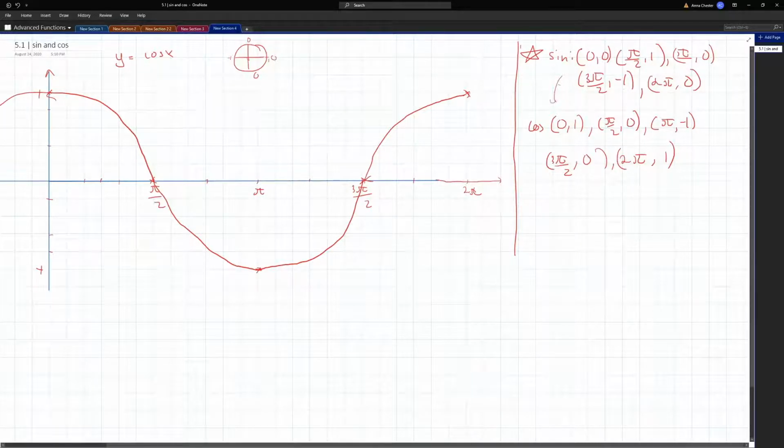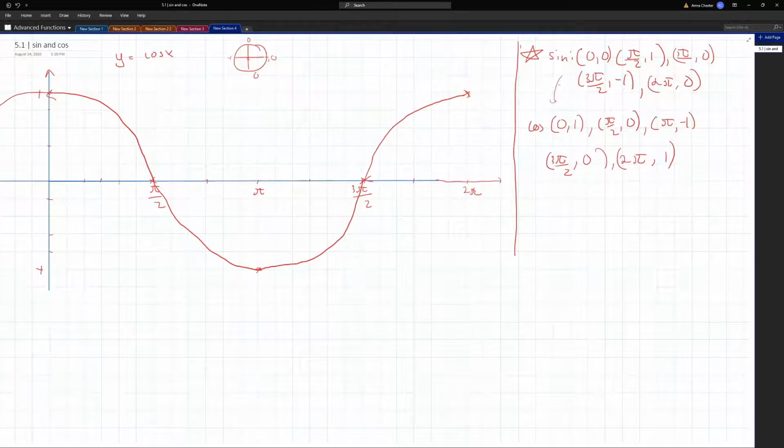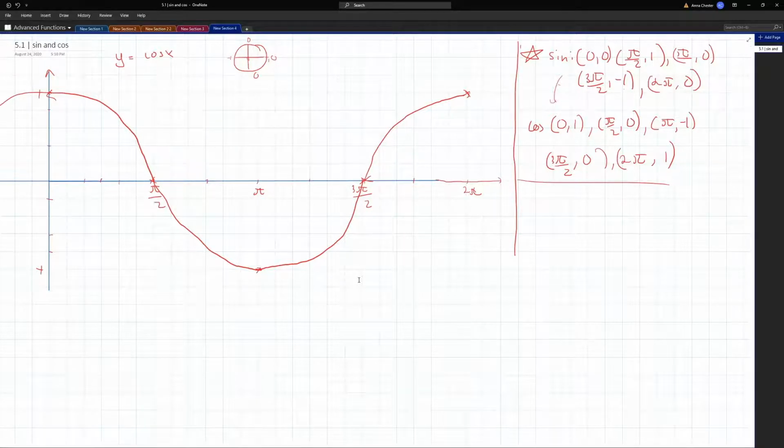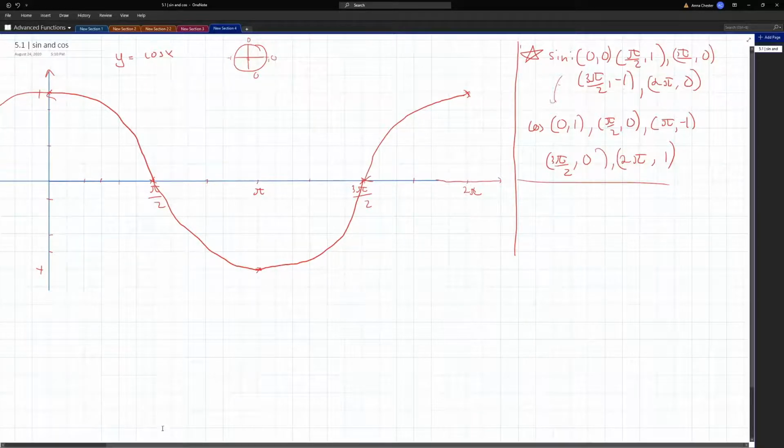That would be the same as moving your graph over to the right by pi over 2, which is something you need to know for this chapter. Hopefully this little demonstration has refreshed your memory on how to graph sine and cosine, and also went a little bit more in depth on the 4 transformations that you could do on these graphs.